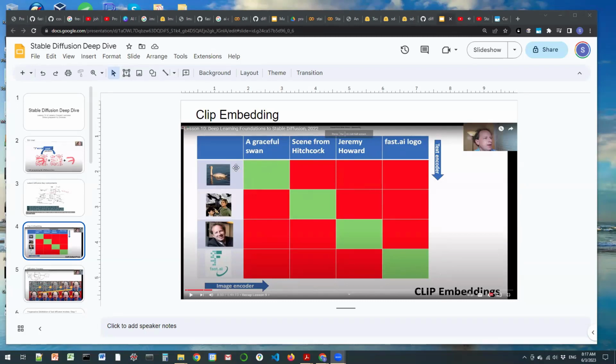And what we want is anything in the diagonal to have a high value and anything not in the diagonal, because the diagonal is what corresponds the text to the image. Therefore, as we saw last week, anything which is a beautiful swan, a graceful swan, a lovely swan, and so on will tend to produce images corresponding to a swan, and so on with respect to these various titles.